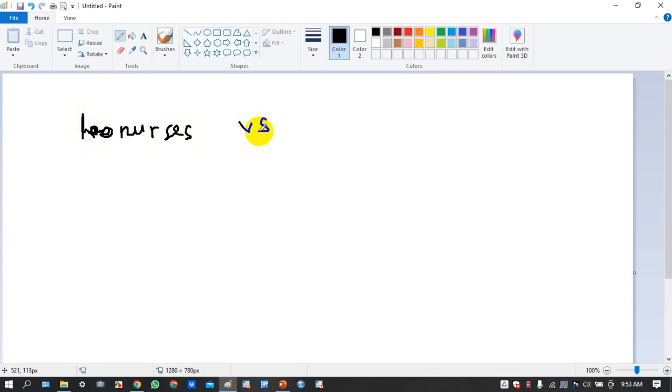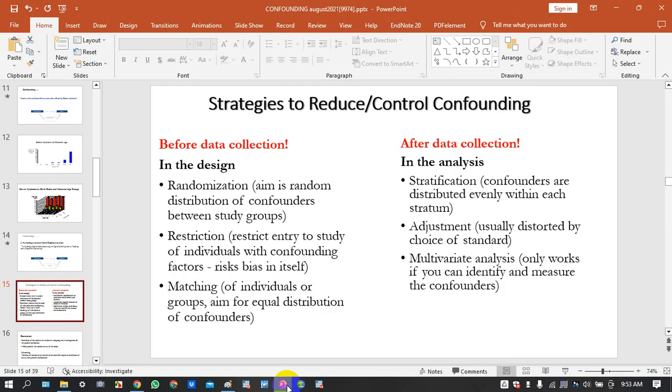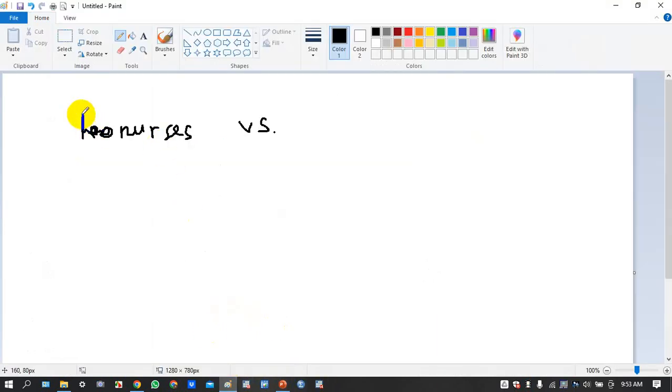So 100 nurses versus 100 nurses. Maybe these ones are females, and we want to carry out research on them, versus male nurses, which are 100.